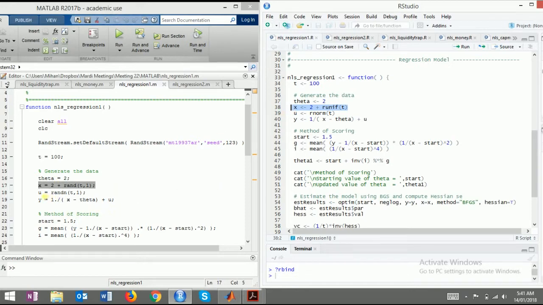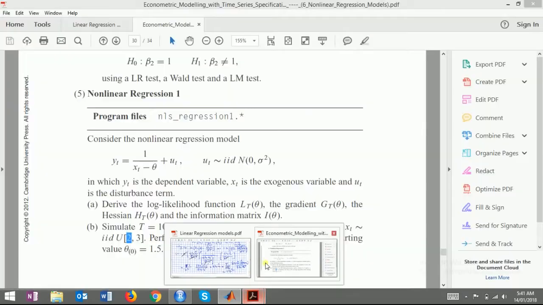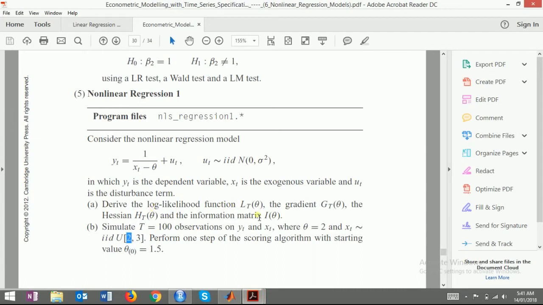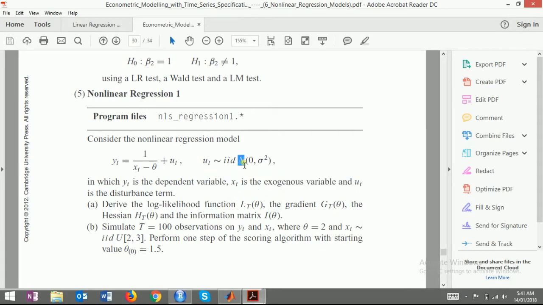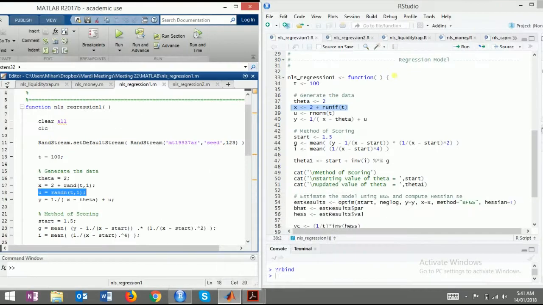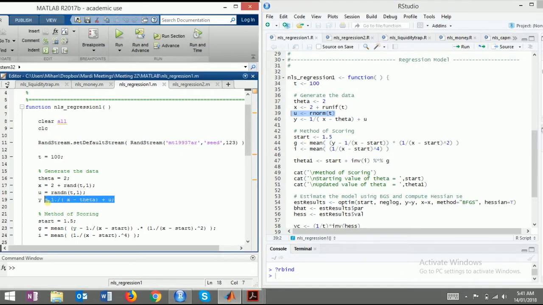U, on the other hand, uses rnorm. Why? Because here it mentions that the exogenous variable has uniform distribution, but the disturbance term has normal distribution and not uniform, with mean 0 and variance sigma square. So runif and rnorm, y equals 1 by (x minus theta) plus u. This is simply the equation.